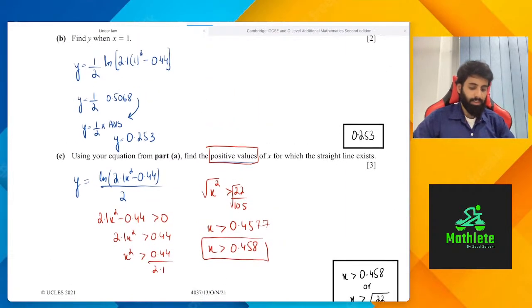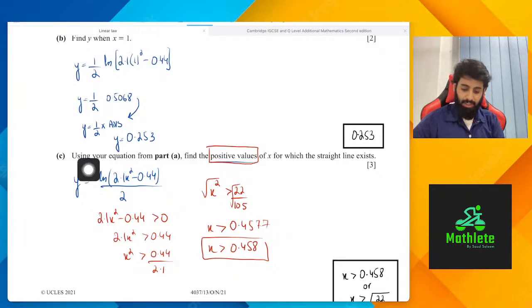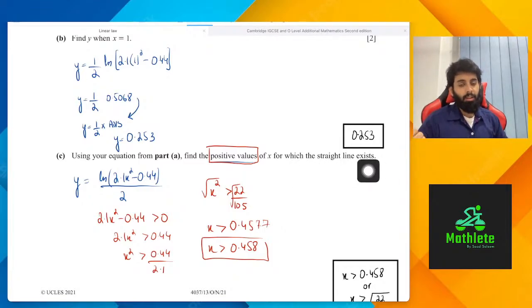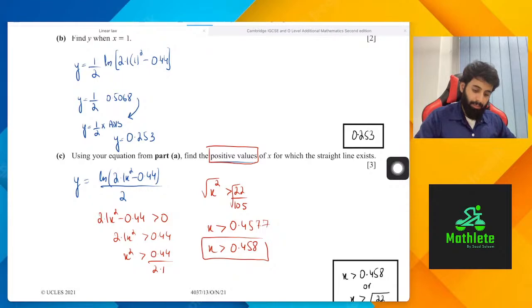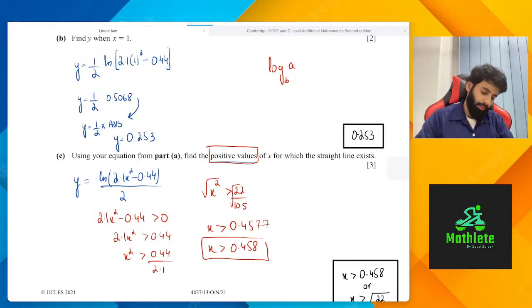Look, first of all, let's try and understand the question. The question says, using an equation in part A, find the positive value of x for which the straight line exists. Now, this straight line will only exist for as long as you put a value of x that gives you an output. We read about log functions that if you have log a base b, there are a couple of things that we always make sure of: that your argument is always greater than 0.